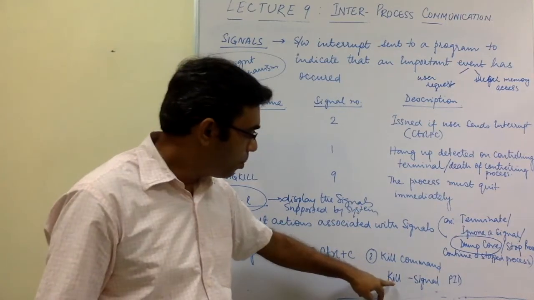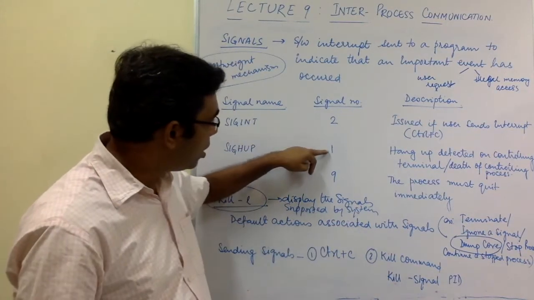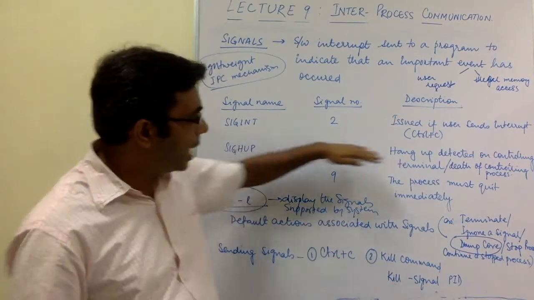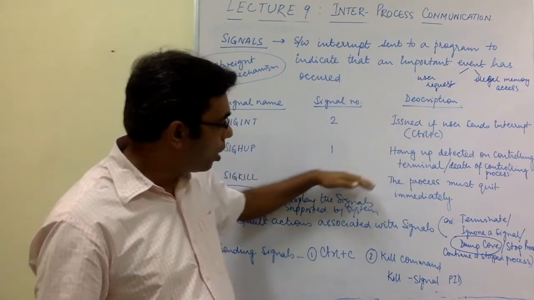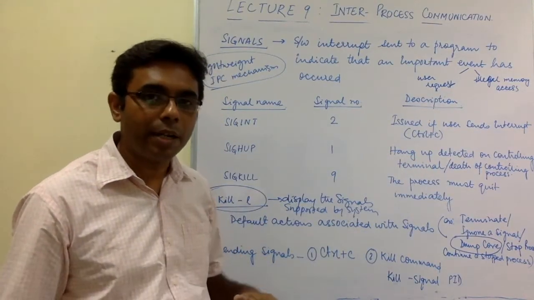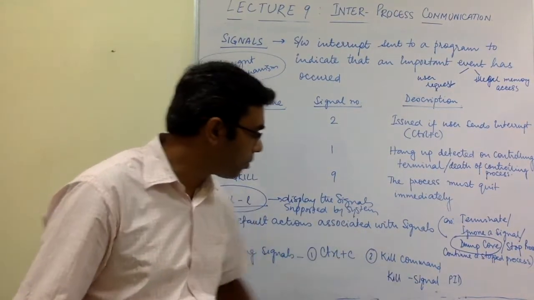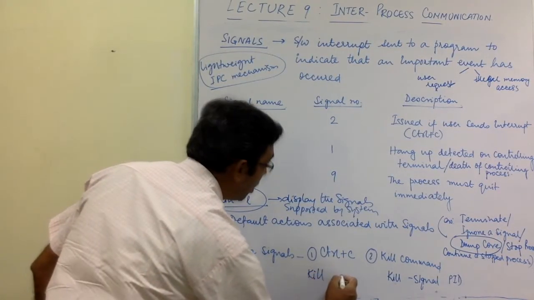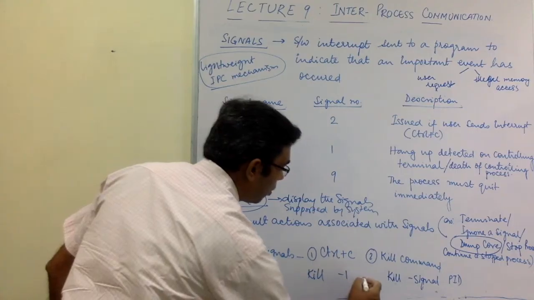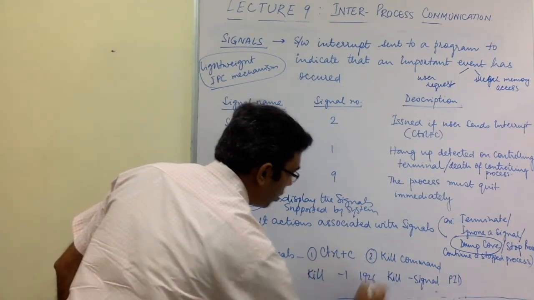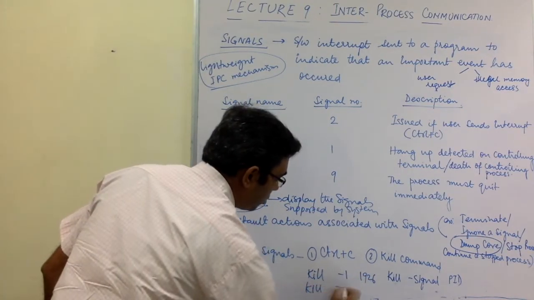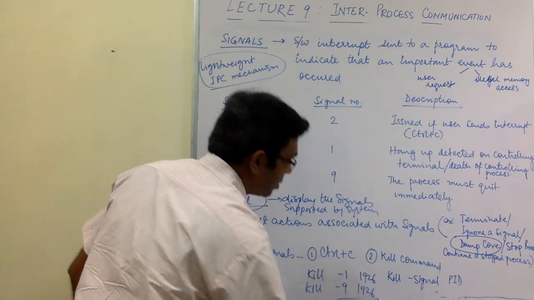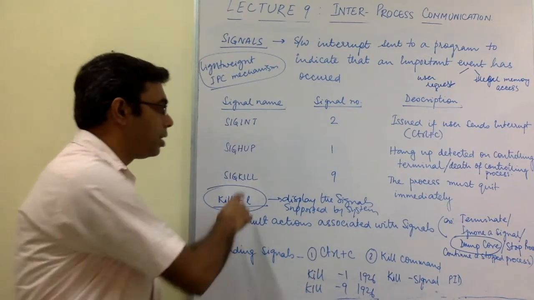Then you pass either the signal number 1, which will hang up that particular process, or if you would like that process to be killed immediately, you make use of either -1 followed by the PID, or you can make use of -9 to send the SIGKILL signal.